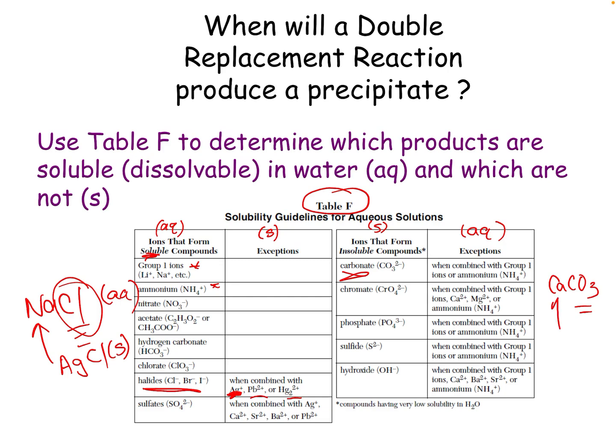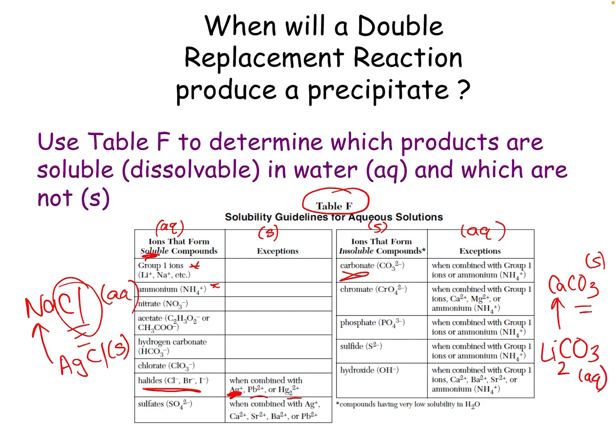So here we have calcium. Calcium is in group 2, alkaline earth, which means it is not an exception, which means calcium carbonate would be a precipitate. It would be solid. However, let's just say we have lithium carbonate. Lithium is in group 1, which means it is an exception, which means it would be aqueous.